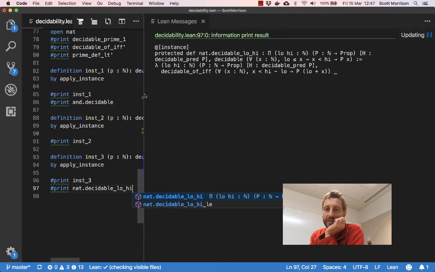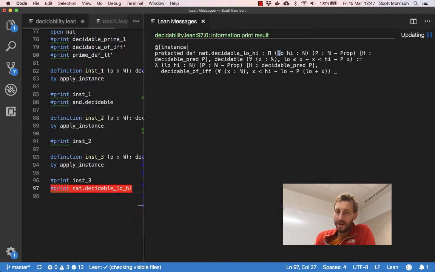And so that says if you've got some bounds low and high, and you've got some predicate on the natural numbers, and that predicate is a decidable predicate, then the statement for all x between low and high, p of x is decidable. Okay, and there's some proof here which we could look at if we wanted to, but let's not for a moment.